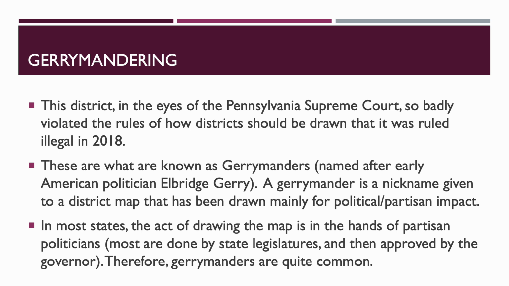That's gerrymandering. I'm not drawing this map just to have clean, equal representation. I'm drawing a map for one reason alone, and that is to maximize the opportunities for my party.